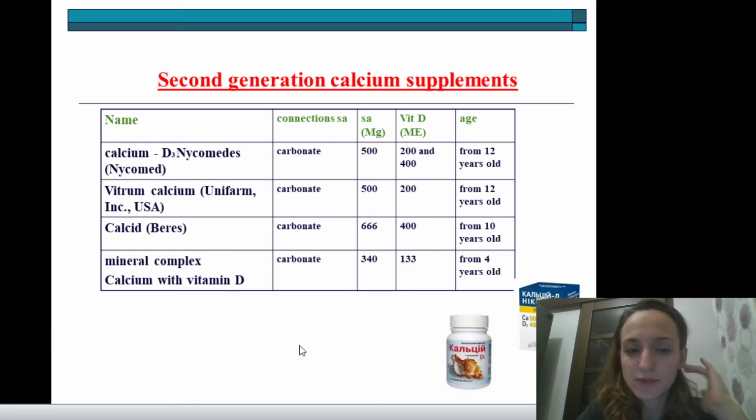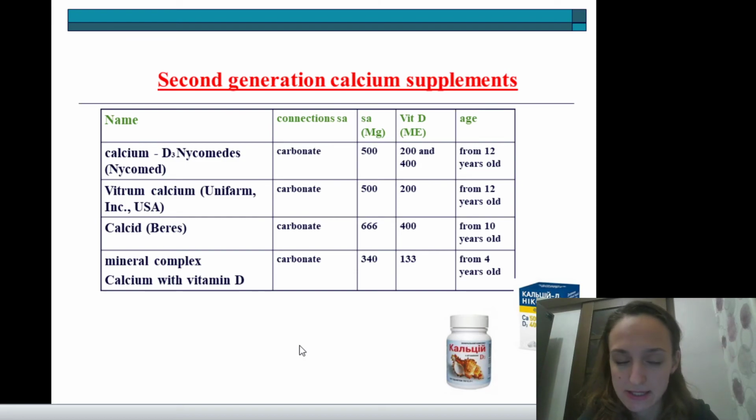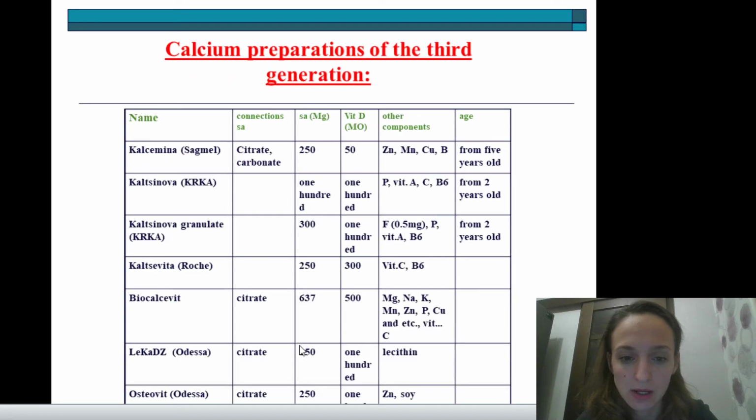And the second generation of calcium supplements, look please: it is Calcium D3 Nycomed, Vitrum Calcium, calcite, and mineral complex calcium with vitamin D. Guys, please remember, because you will have tests with these supplements.